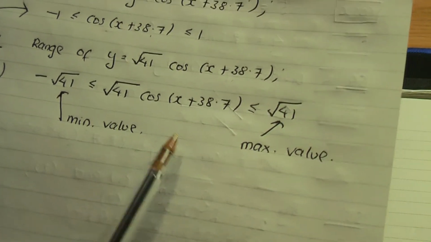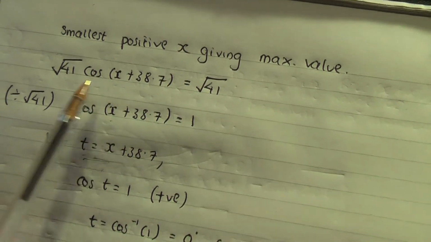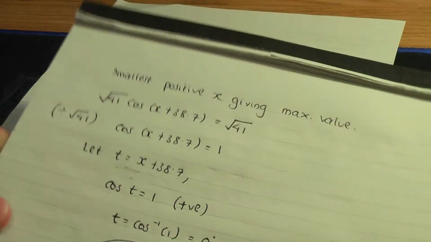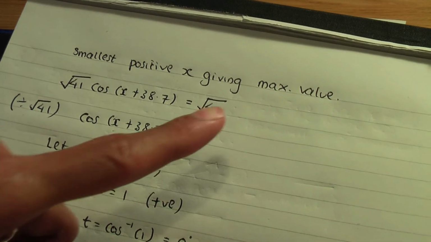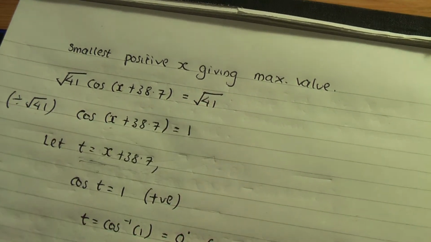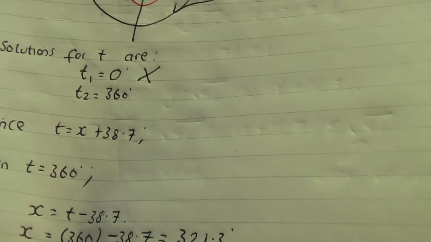Previously we found the smallest positive x given a maximum value, so we equated the center expression to the maximum value and solved. But to find the smallest positive x given a minimum value, equate that center expression to minus root 41, and use exactly the same steps.